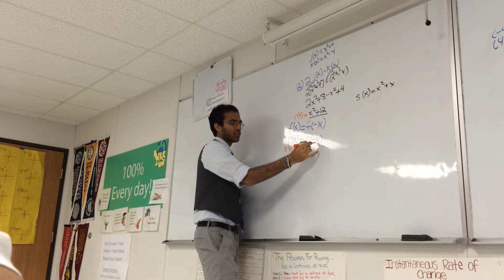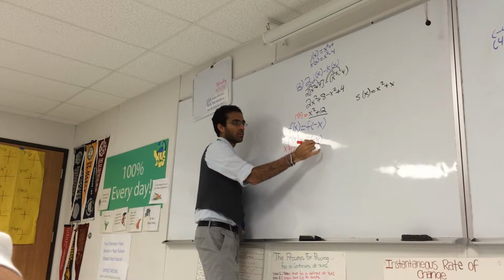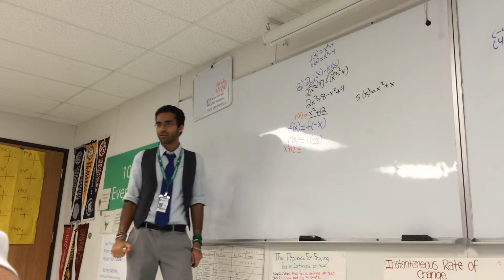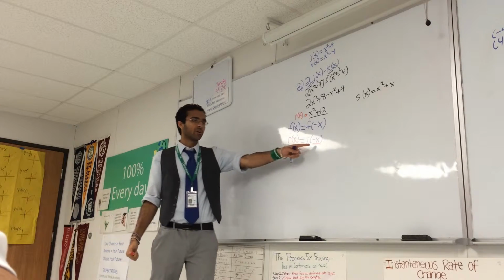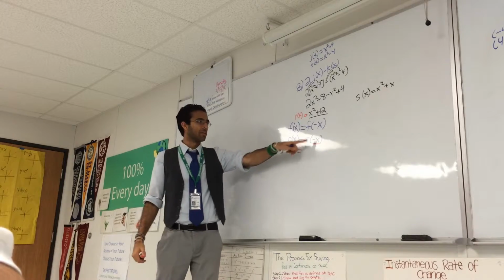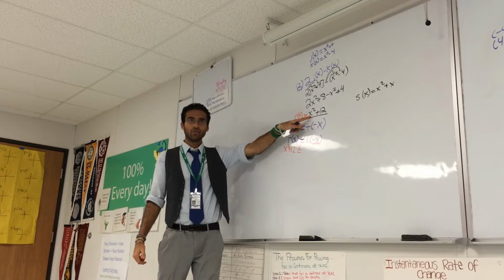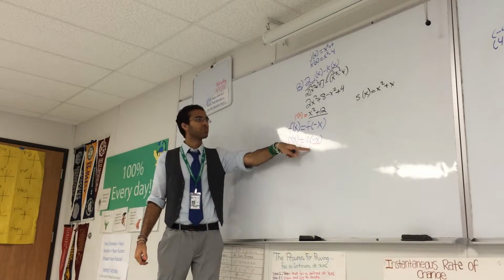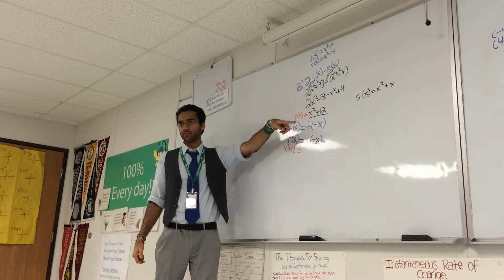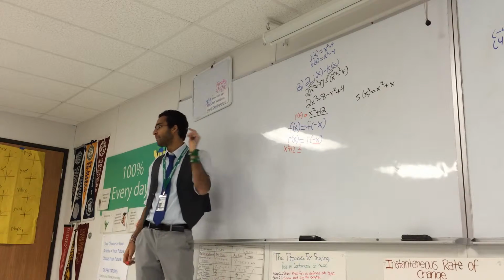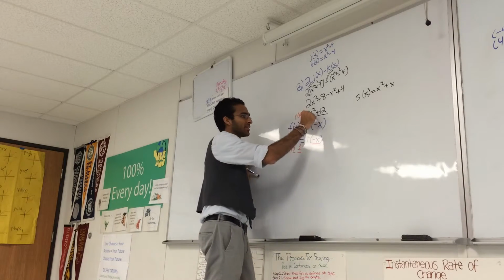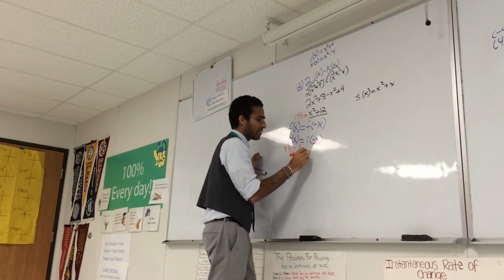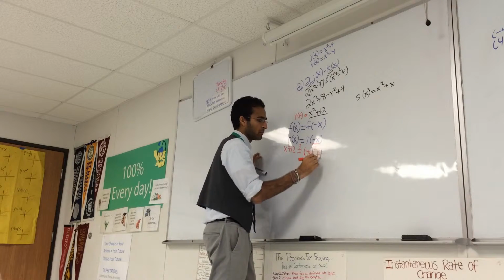R of negative x is just take negative x and plug it in for x. If this had said r of 3, everybody in this room would have put 3 there. If this had said r of 5, everybody would have taken 5 there and given the answer. This is no different. Use the basic logic on the complicated problem. Take negative x, plug it here. Negative x squared plus 12.